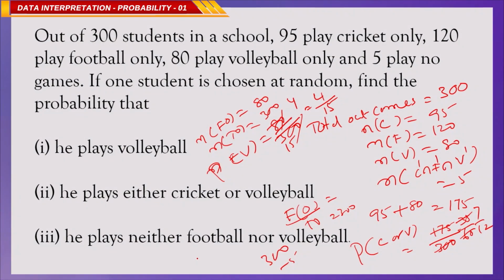Football is 120 and volleyball is 80, so 120 plus 80 is 200, and 200 by 300 is 2 by 3. So neither football nor volleyball is 1 minus 2 by 3, which is 1 by 3. The answer is 1 by 3.